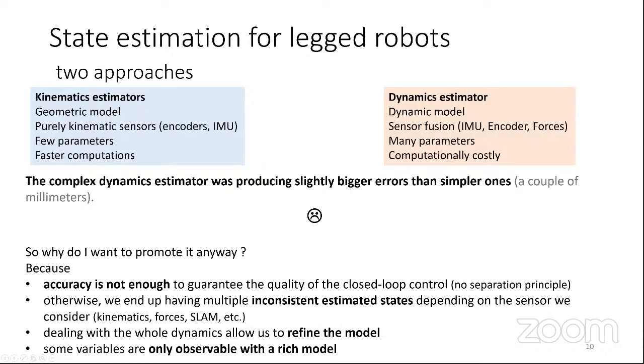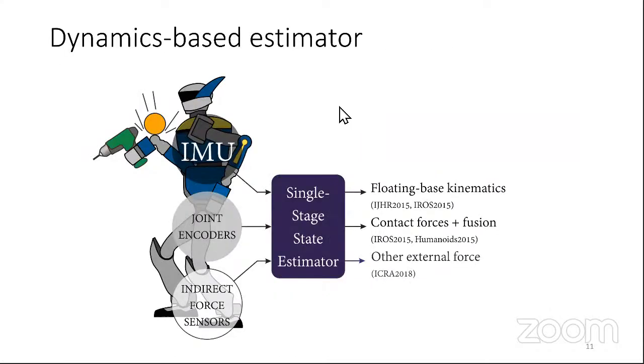And the last point, which is the most important in this talk, is that some variables are only observable with a rich model. So here I present the estimator that I developed through several publications. It's a single state estimator that takes all the available measurements on our robot and builds floating base kinematics.